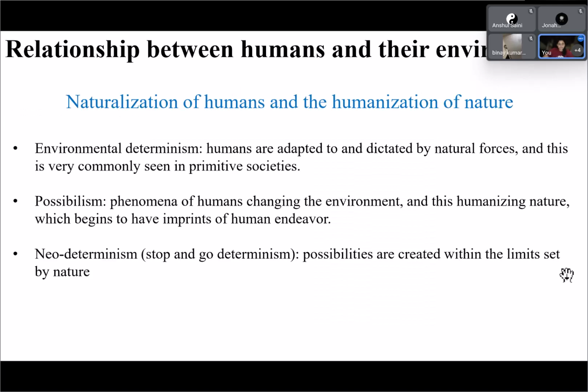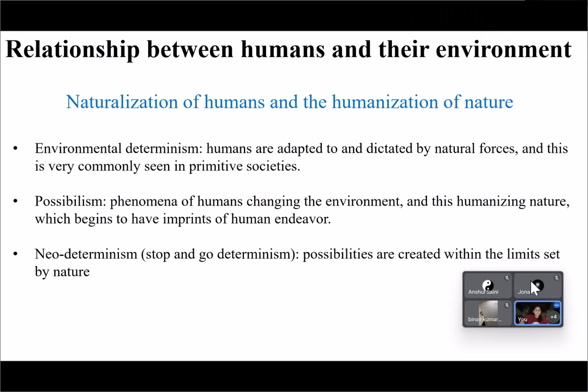Right? Now, when you look into this perspective of humans and geography, why are we even putting it in the second section? Because of two terms: naturalization of humans and humanization of nature. Naturalization of humans is basically saying that humans are becoming more dependent on nature. They are trying to naturalize their way.